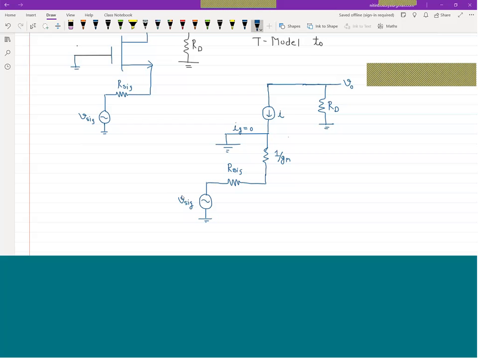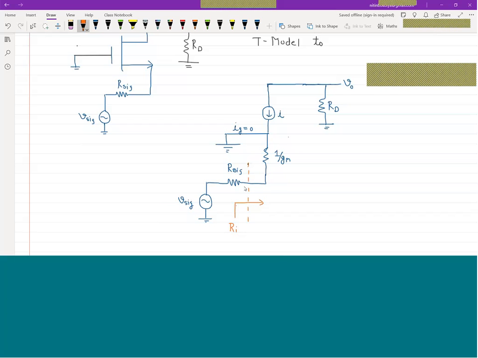Okay. So let's calculate the input resistance of this circuit. By removing the supply, this resistance is known as input resistance.